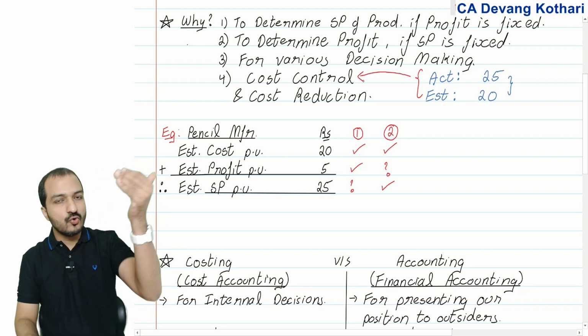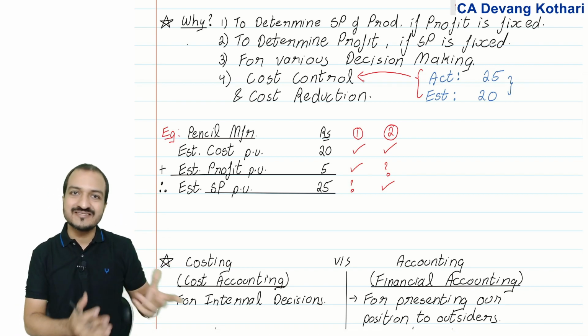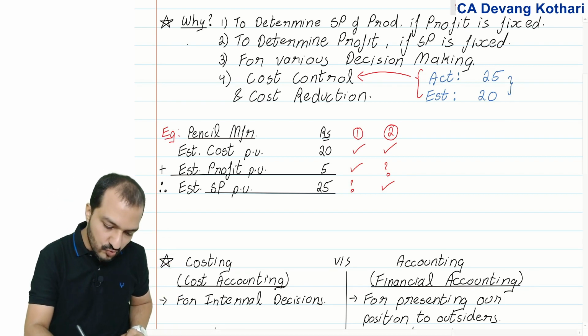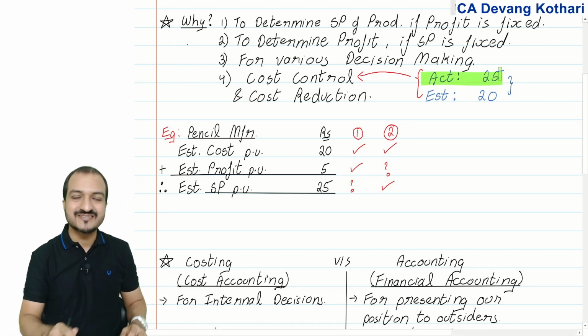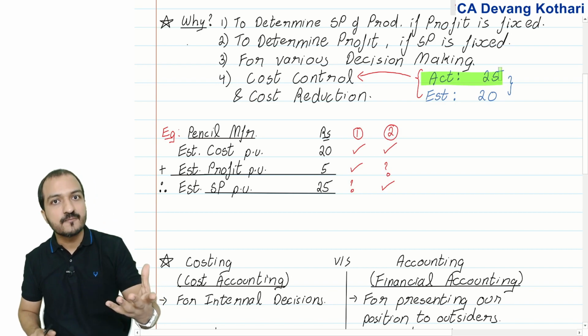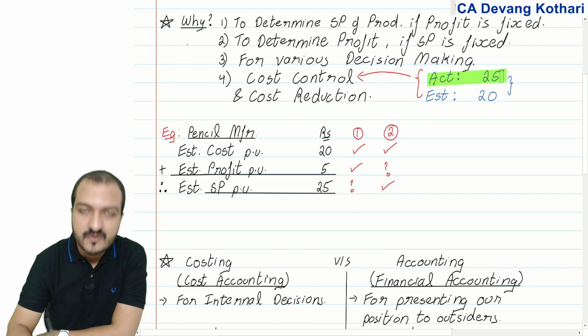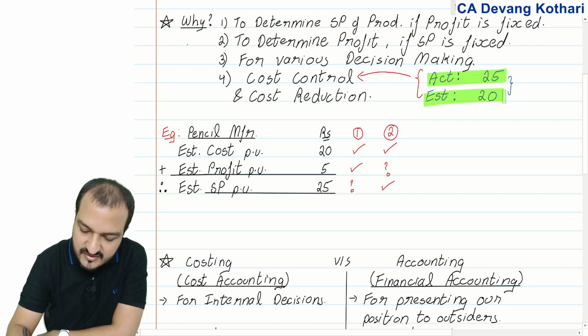You try to control your actual cost, bring it down till the estimate, that is called cost control. But can you decrease your actual cost this year? No, it is about next year. So cost control means that you analyze your actual cost against the estimate.